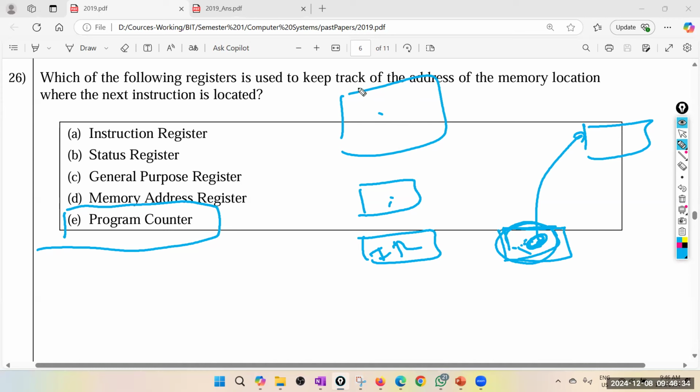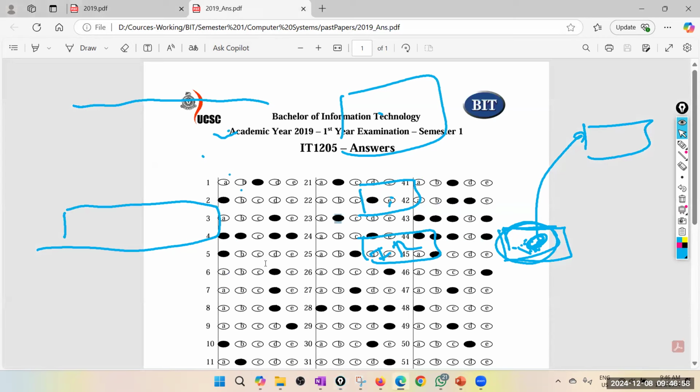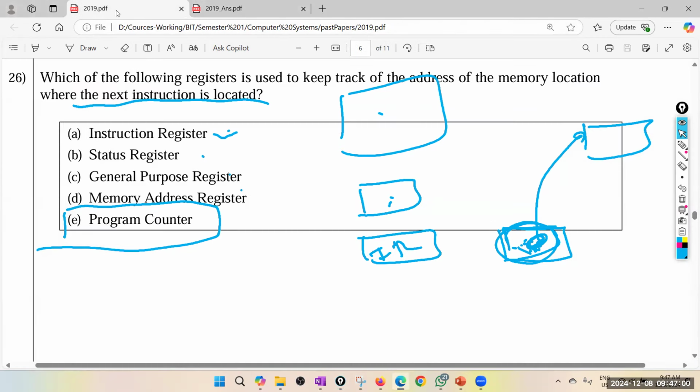So yes, sometimes the next instruction's address is also here. So that is the program counter, because all the other registers are not related to this. Program counter is the one that keeps track of the next instruction. So the answer must be E. Here, C.